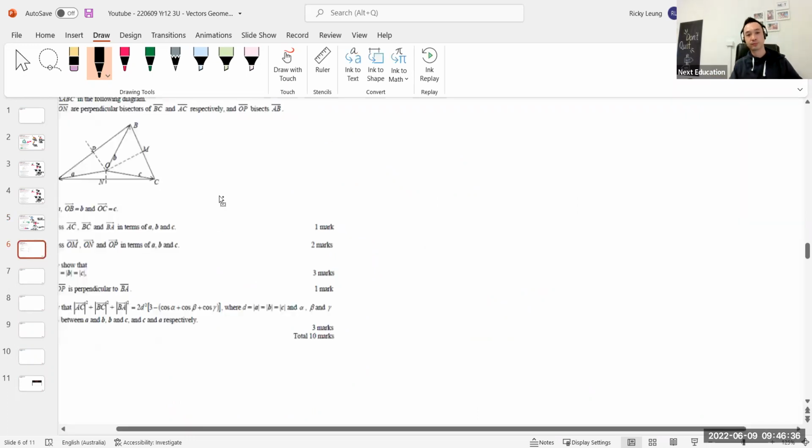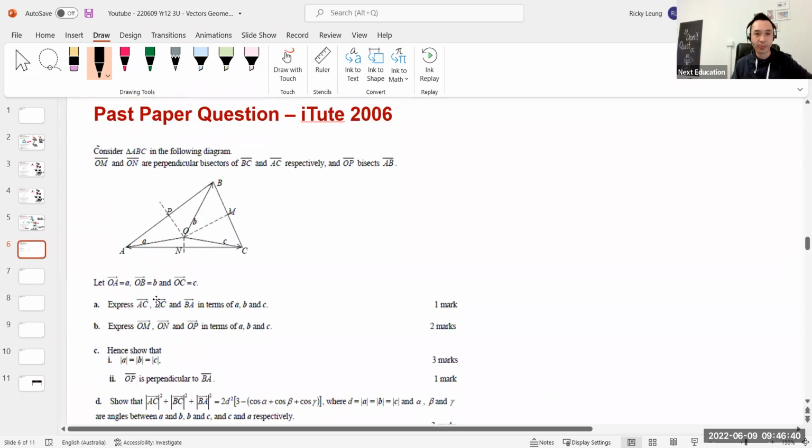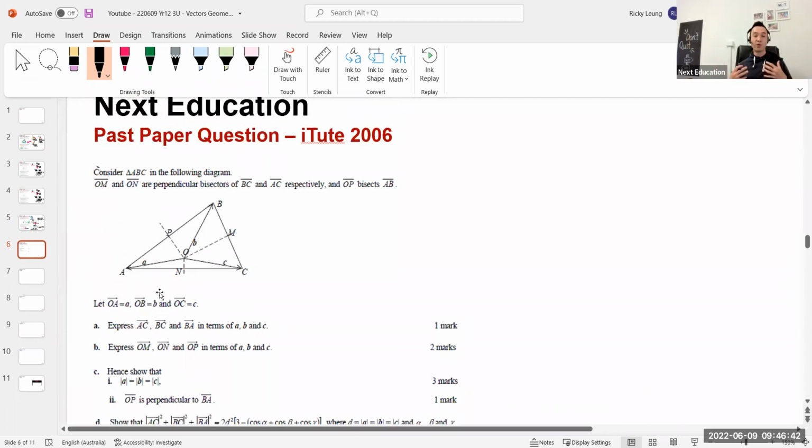Let's do one more. This one here is from, now, we know that the New South Wales syllabus only included vectors over the last 2-3 years. In the Victorian syllabus, they had vectors all the way back to 2006. So if you want more past papers, definitely hit up the Victorian syllabus. So from the VCE papers here, we have a diagram.